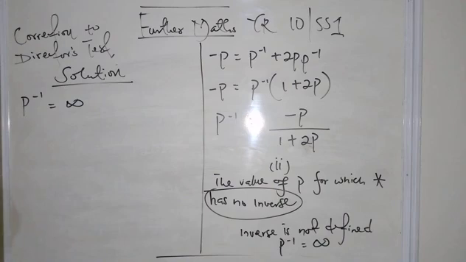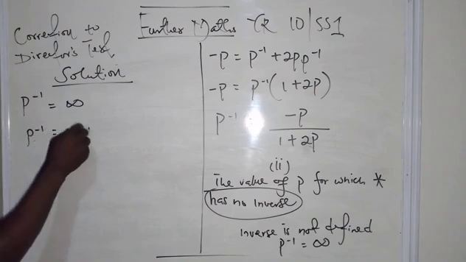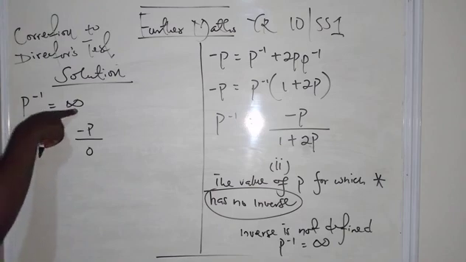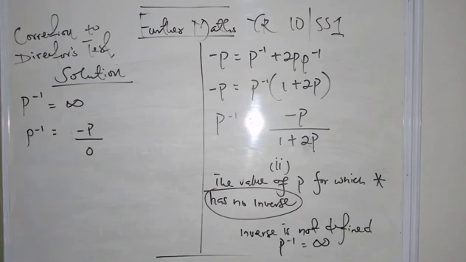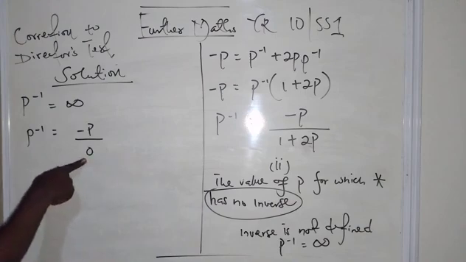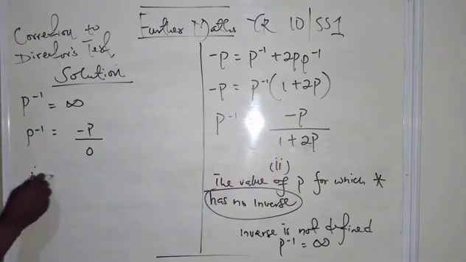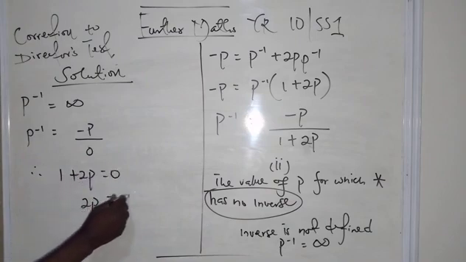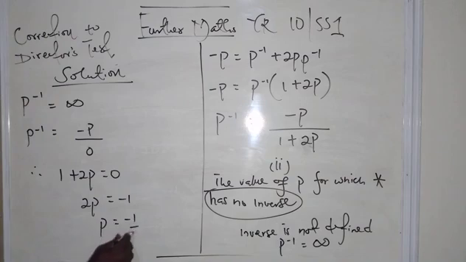The value of P for which star has no inverse is when the inverse of P is not defined, and that can only happen if P inverse is minus P over 0. So that is what will give us an undefined value for P inverse. For the denominator to be 0, it means that 1 plus 2P is 0. Therefore, 1 plus 2P is equal to 0. 2P will be minus 1, and P is minus 1 over 2. So that is the value of P for which the operation has no inverse.